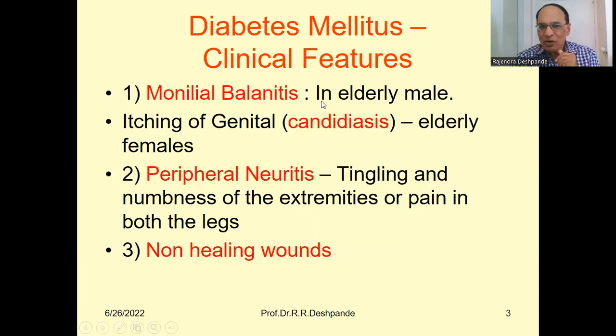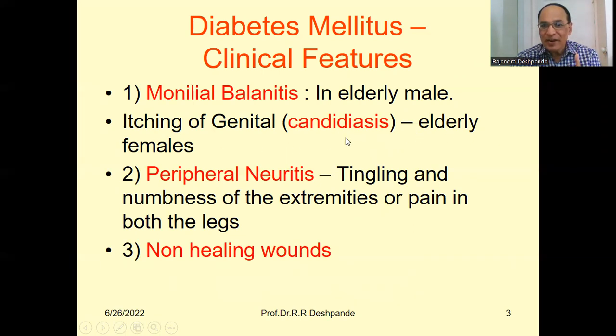Then let us see how you can suspect that the patient may be suffering from diabetes mellitus. Let us check the blood sugar. These are some indicating symptoms. Monilial balanitis in elderly males, and itching of the genitals after 40 or 50 due to candidiasis in elderly females.